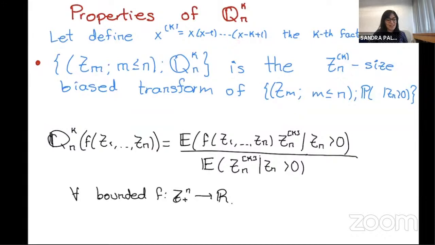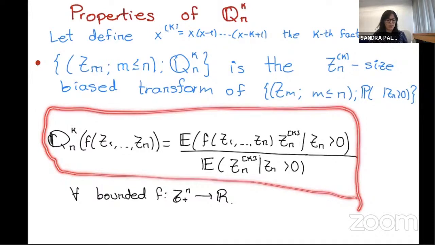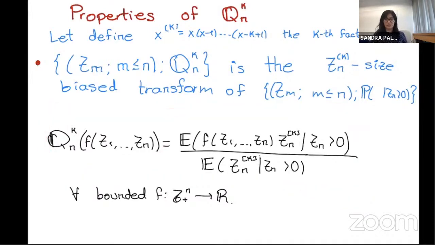Then for m less or equal to n, the measure Qn^(k) is actually the k-th factorial size-biased transform of the set n, conditional on survival. What does that mean? It means that for every bounded function f, this equality is satisfied. And I'm going to use this part at the end of my talk. Okay, so that is one.